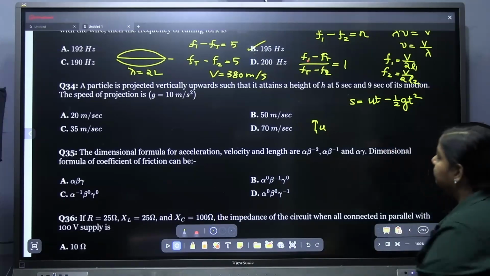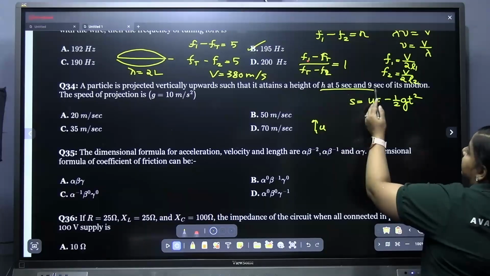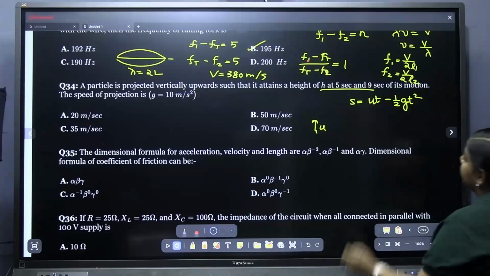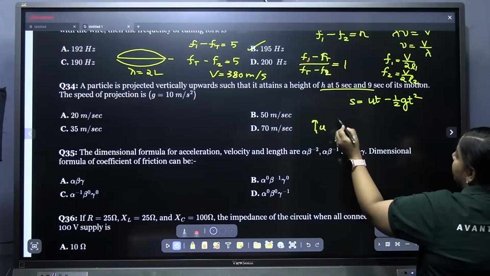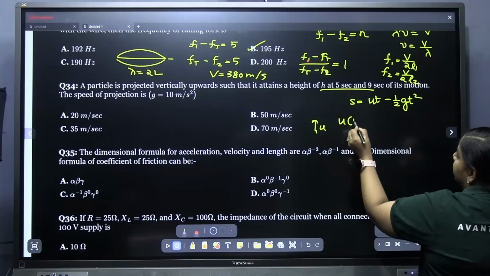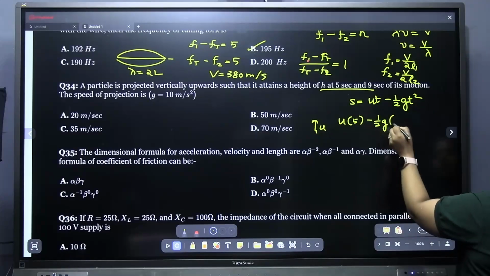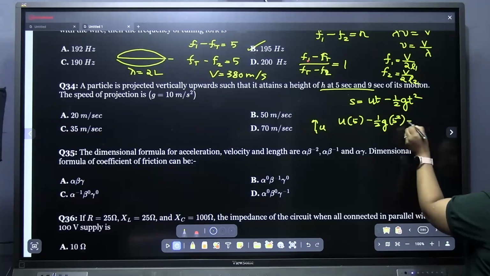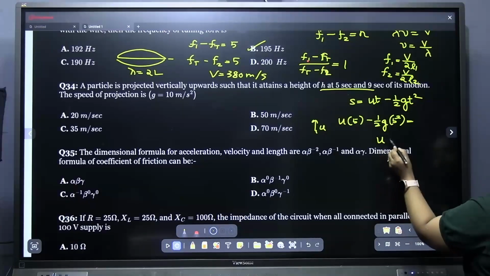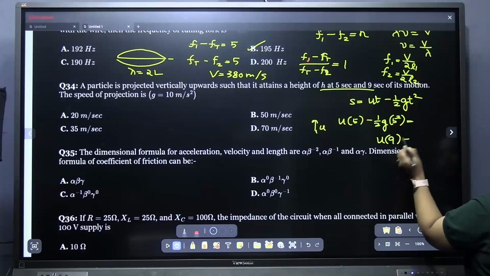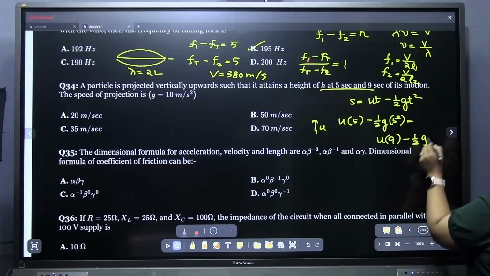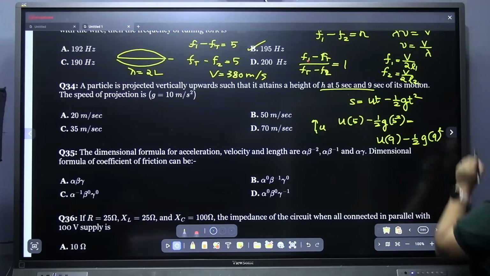Same height h at 5 seconds and 9 seconds. Then we can say u into 5 minus half g 5 square is equal to u into 9 minus half g 9 square.